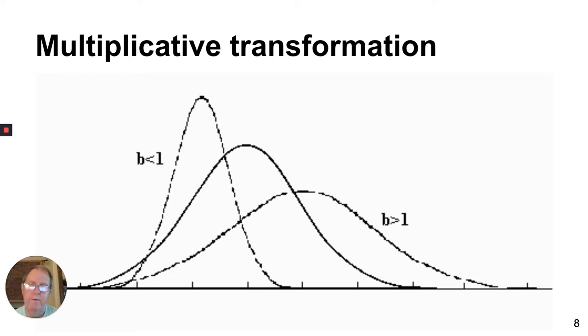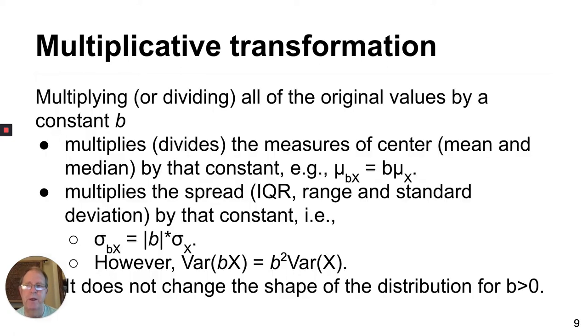So if b is less than 1, all the points will become smaller and the graph will become taller and more narrow. If b is greater than 1, then the graph will spread out more. All the values will increase by a factor of b, and the standard deviation will also increase by a factor of b. All that is summarized right here.